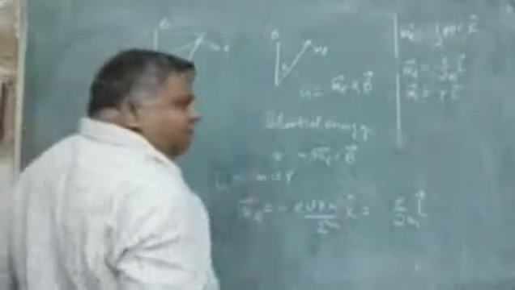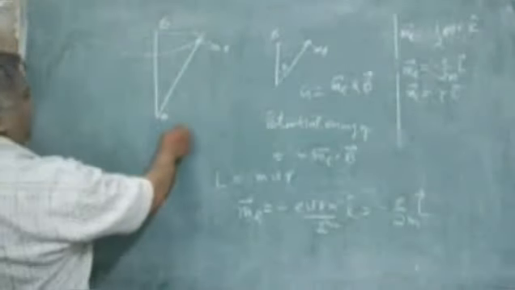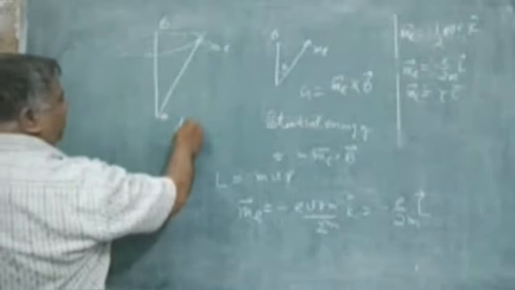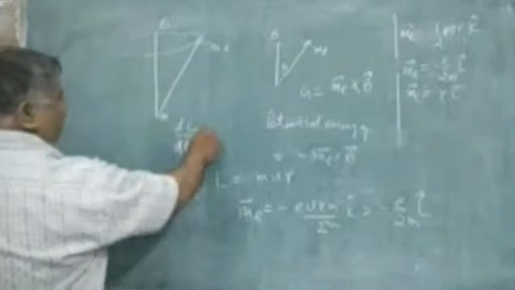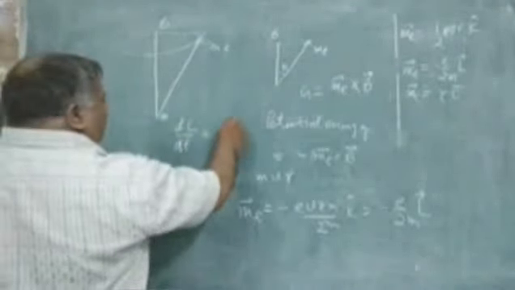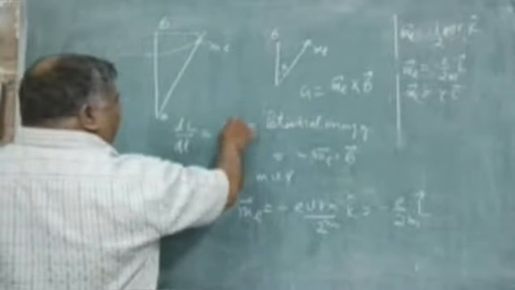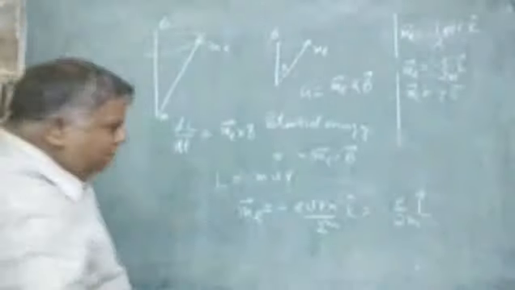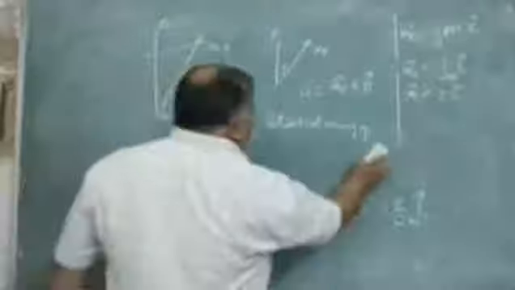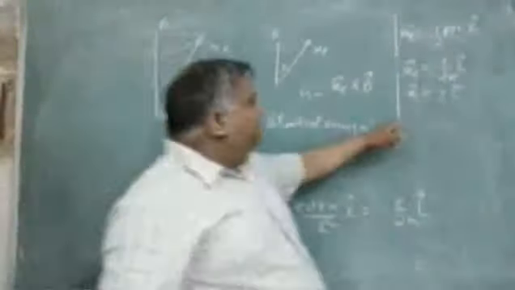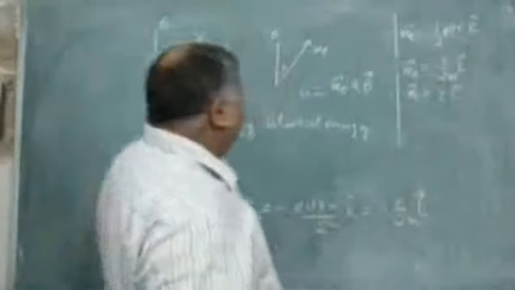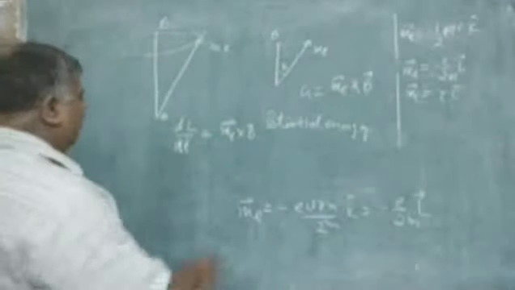So we can write the torque as dL over dt equal to m_l cross B. And with the help of this relation, you can write this.